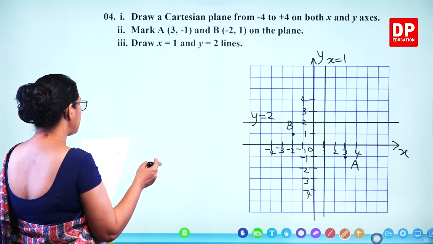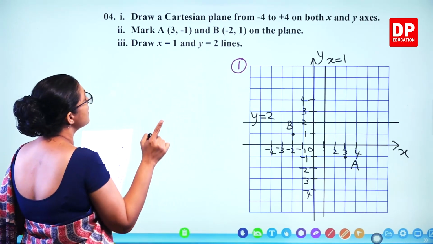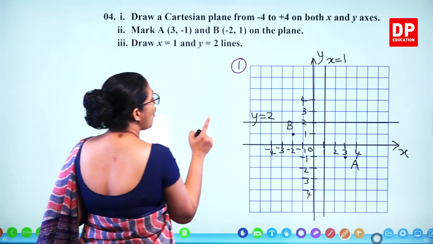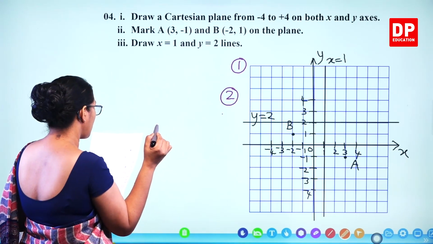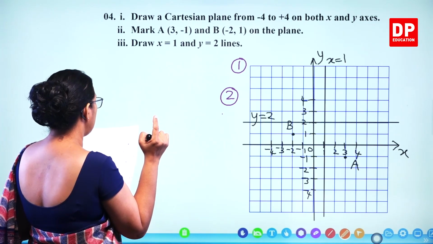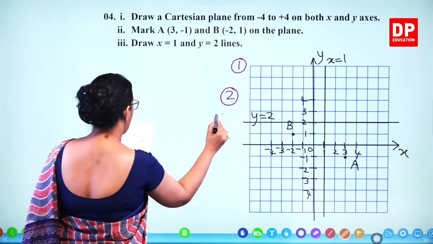So you are getting 1 mark for drawing the Cartesian plane and 2 marks for A and B and drawing the x equals 1 and y equals 2 lines. That's 2 marks.